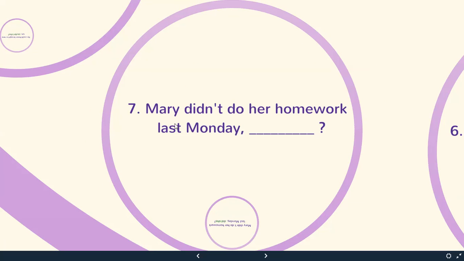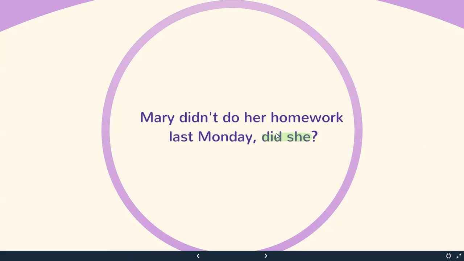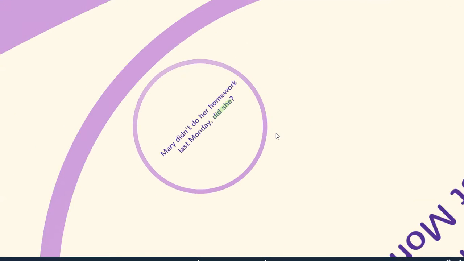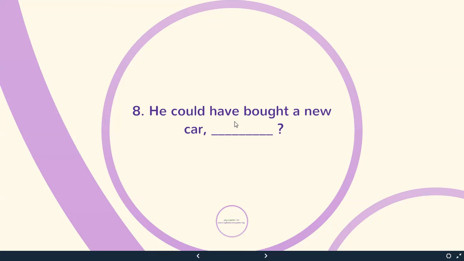Number 7. Mary didn't do her homework last Monday. Mary didn't. I have a negative sentence. Did she? Number 8. He could have bought a new car.